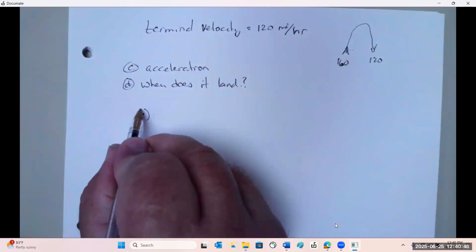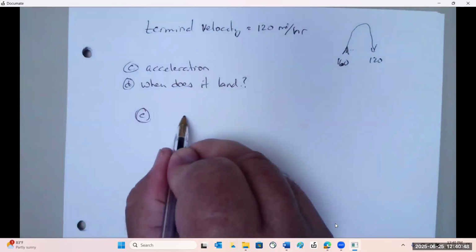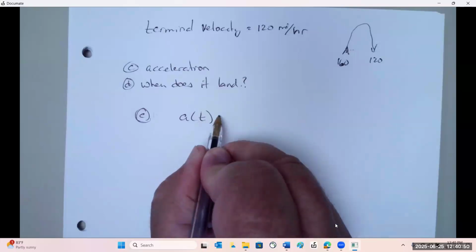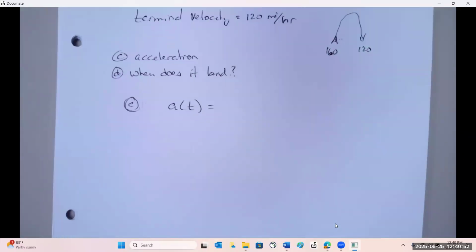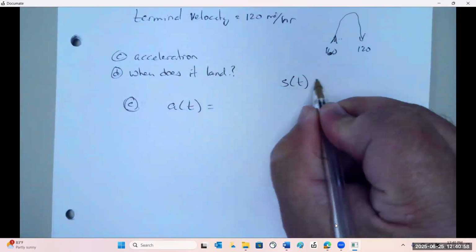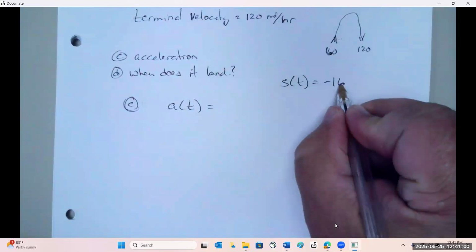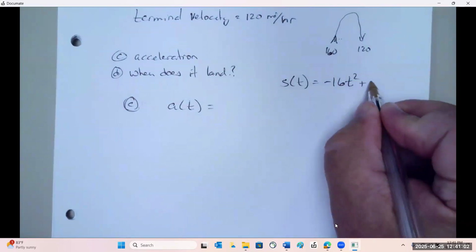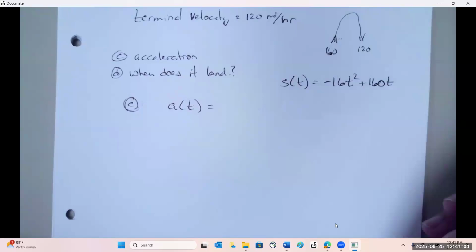So for c, what is the acceleration? What's the formula for acceleration? Right, so we have our s function, which is negative 16t squared plus 160t.